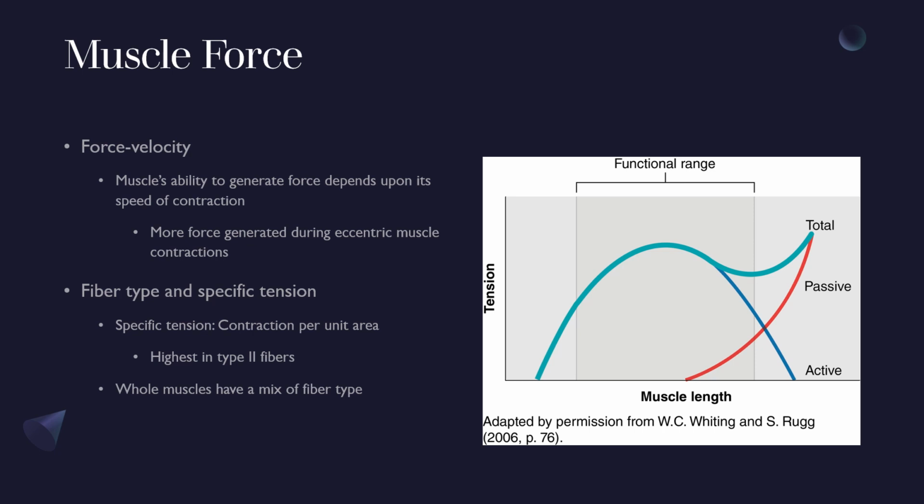The relationship follows a hyperbolic curve, where force and velocity are inversely related. Different muscle fiber types have varying force-velocity characteristics. Fast twitch muscle fibers can generate higher forces at higher velocities, making them suited for explosive movements, versus slow twitch muscle fibers that generate lower forces but can sustain contractions for longer periods of time.